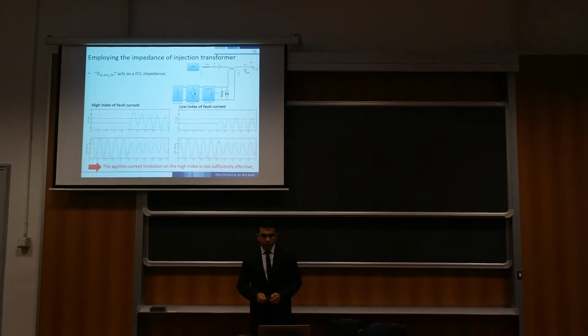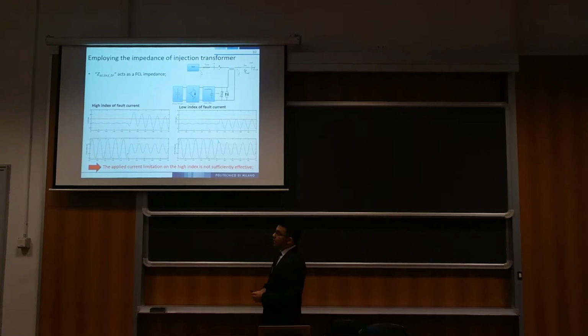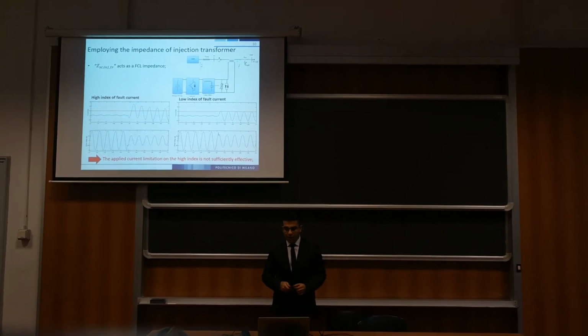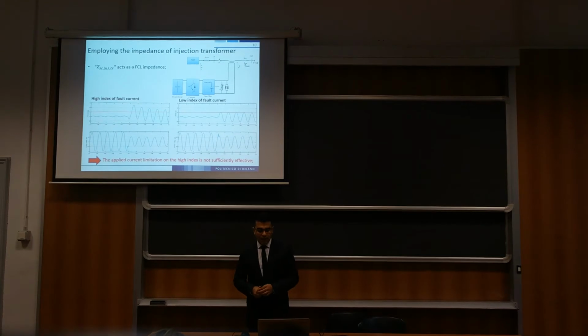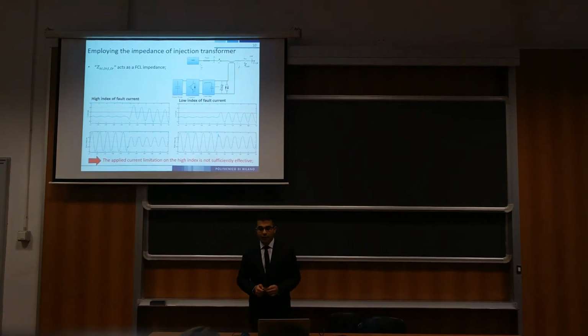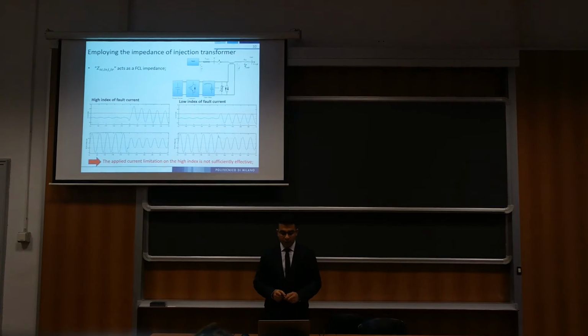The first passive strategy that has been analyzed in this project is based on employing the short circuit impedance of the injection transformer. As you see, there is a static switch at the secondary side of the injection transformer. As soon as fault is detected, the control system turns off the converter and fires the static switch.